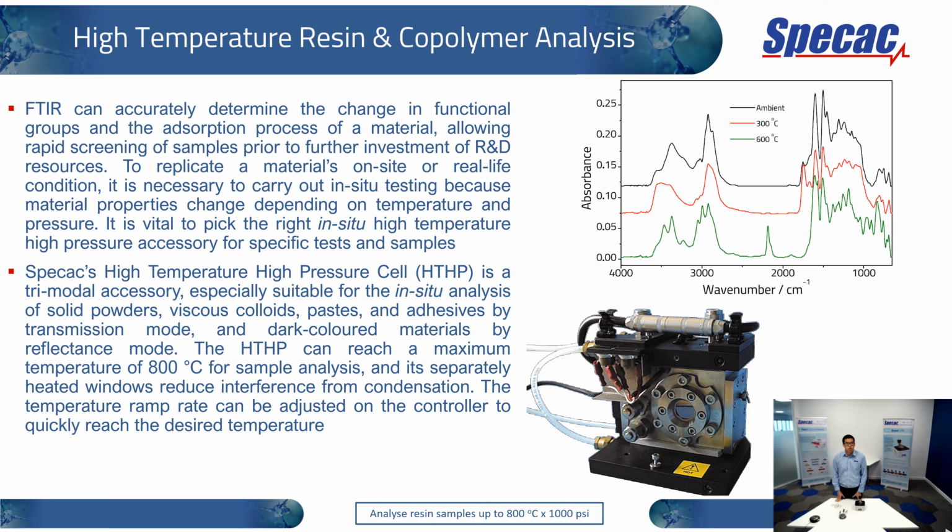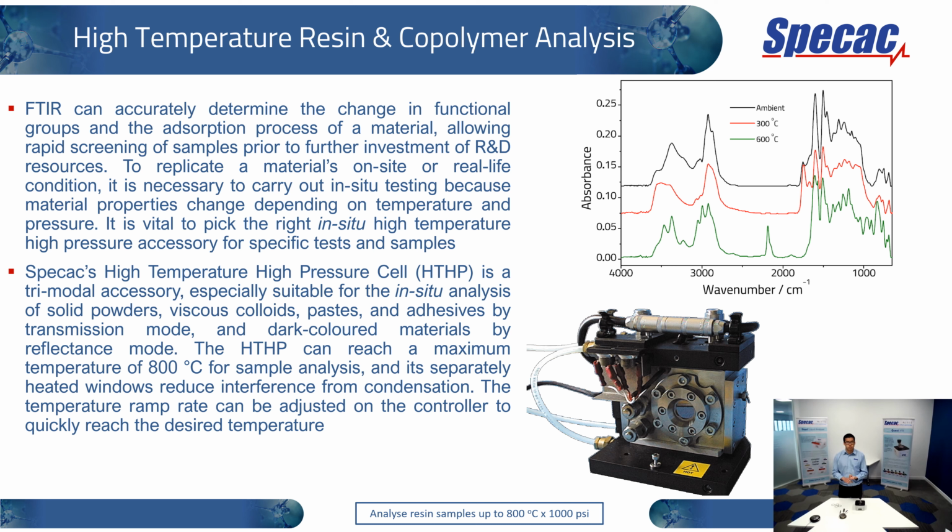So moving on from the film maker for transmission analyses, this is a more advanced transmission accessory called the HTHP, high temperature, high pressure cell, that can go up to 800 degrees Celsius, 1000 psi. In fact, it works in 3 modes.